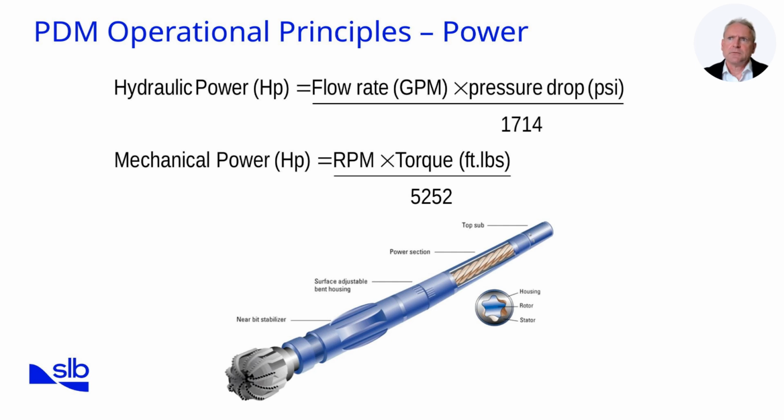Torque is critical because it directly dictates drilling efficiency and bit performance. The relationship between fluid hydraulics and mechanical torque explains why PDMs are so effective in directional wells. By managing flow and pressure parameters correctly, engineers ensure optimal motor output, improved build rates, and reliable hole cleaning performance.